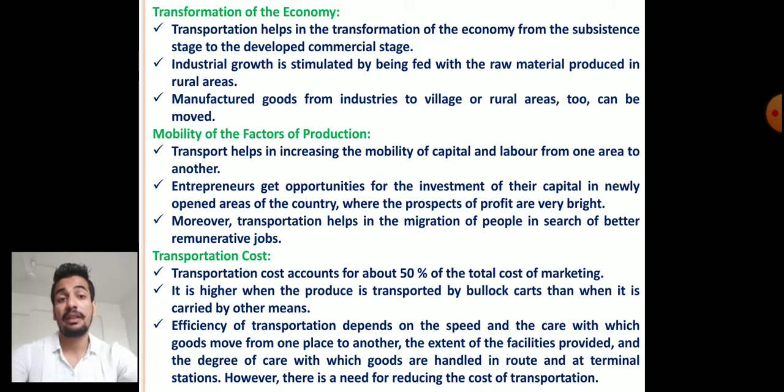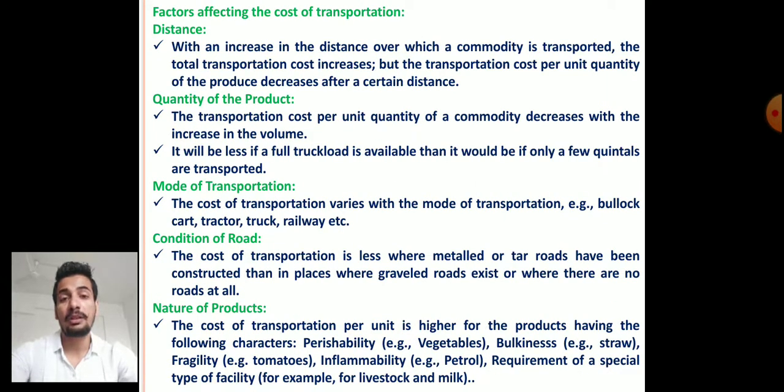However, there is a need for reducing the cost of transportation because it is the highest cost contributing to the total marketing cost. So we will see the different factors which affect the cost of transportation. There are so many factors, we will see a few of them.